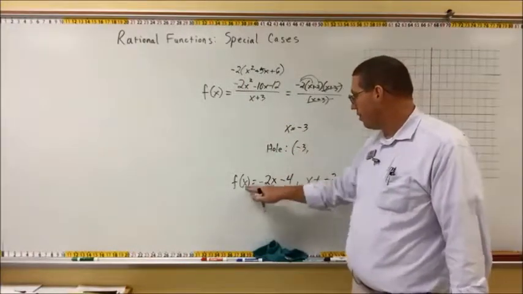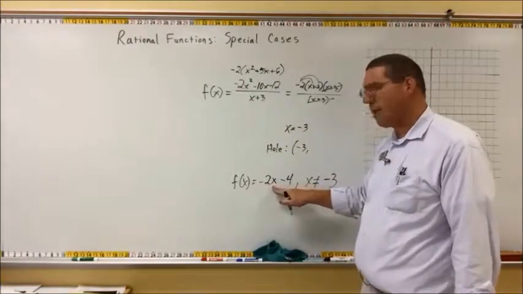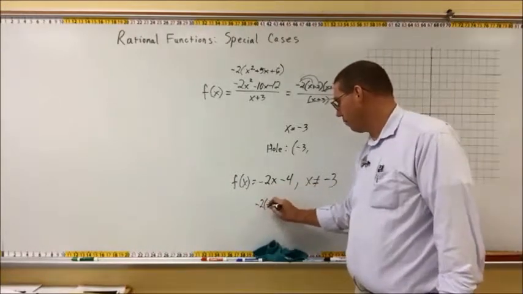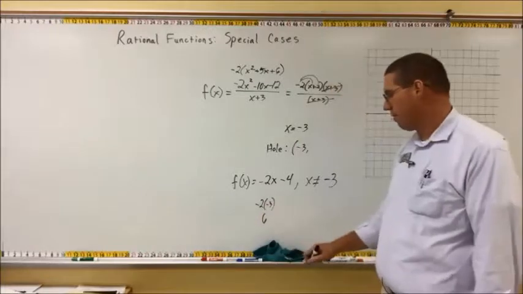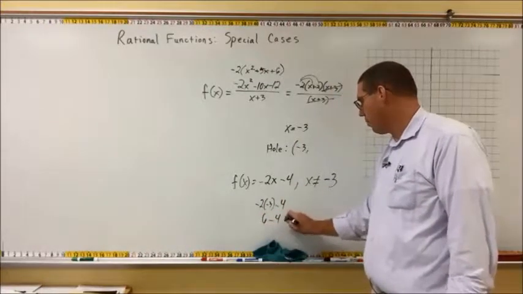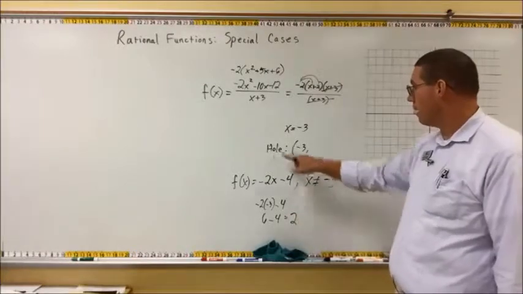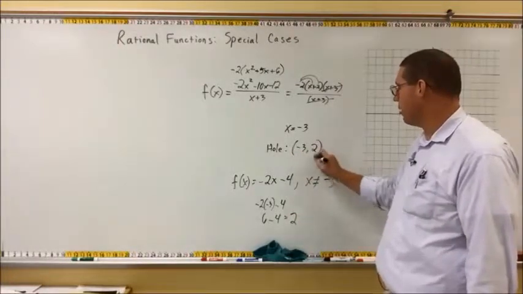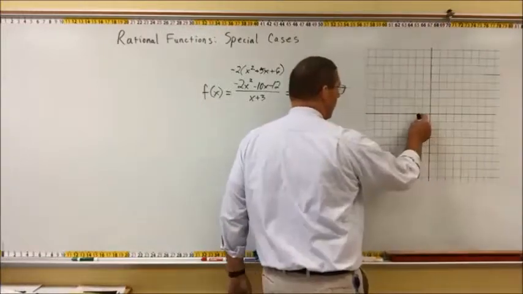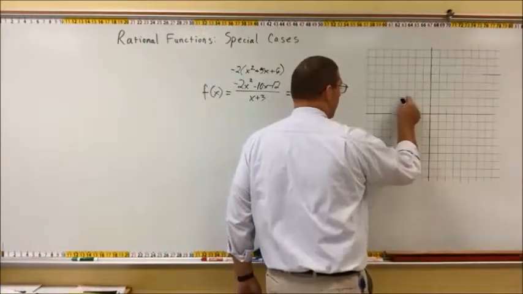If I plug -3 in, I get -2 times -3, that's positive. Isn't that equal to positive 6? 6 minus 4 is equal to positive 2. And so the hole is at (-3, 2). So let's go to -3, and positive 2 is right here.